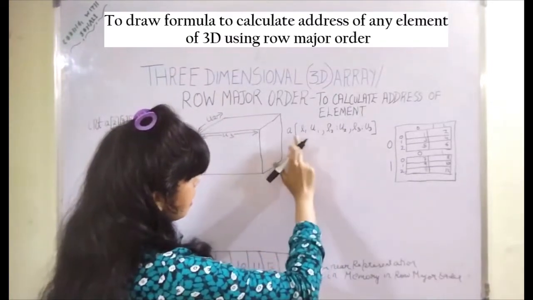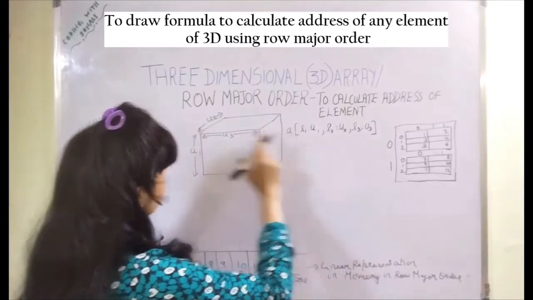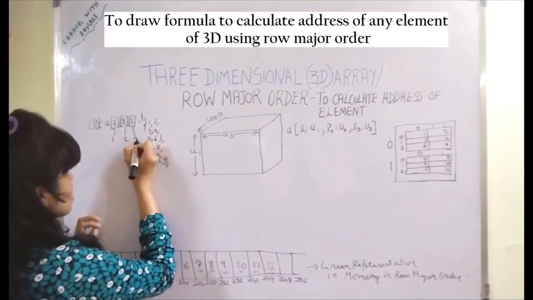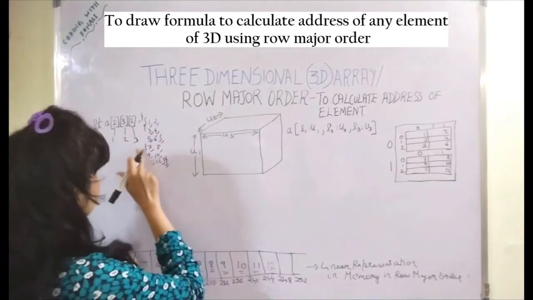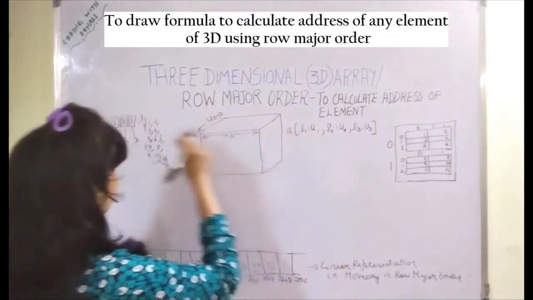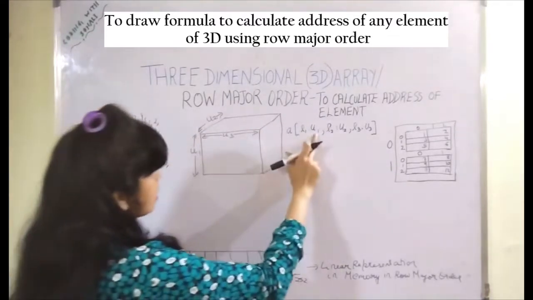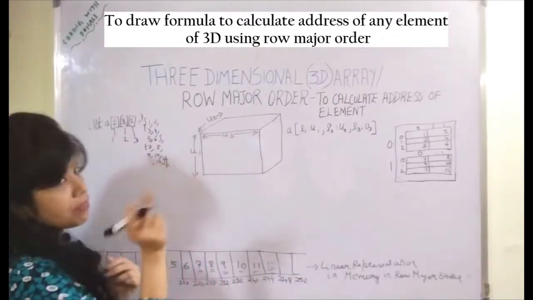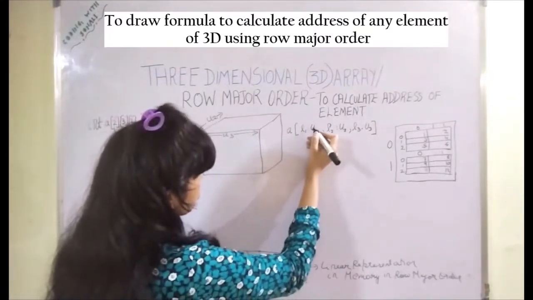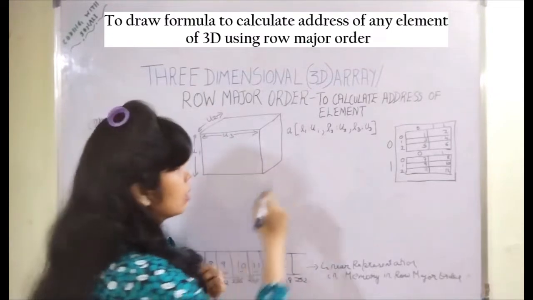What is this? This is an array and this is the lower boundary for the first dimension. This is the first dimension, this is the second dimension, and this is the third dimension in the case of the 3D array. For the first dimension there are 2 things, the lower boundary and the upper boundary. Consider that we are starting from index 0, so the lower boundary will be 0, the upper boundary will be 1, so the size is 3.